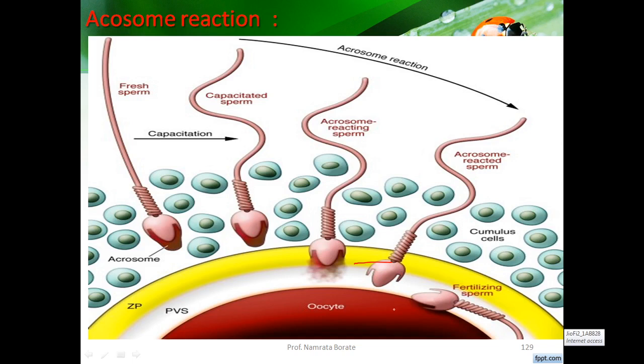A distinct perivitelline space is created around the fertilization membrane. So, it prevents the entry of other sperm. इसकी वजह से ये जो बाकी के sperm इसके आजू बाजू होते हैं वो अंदर नहीं आ सकते.